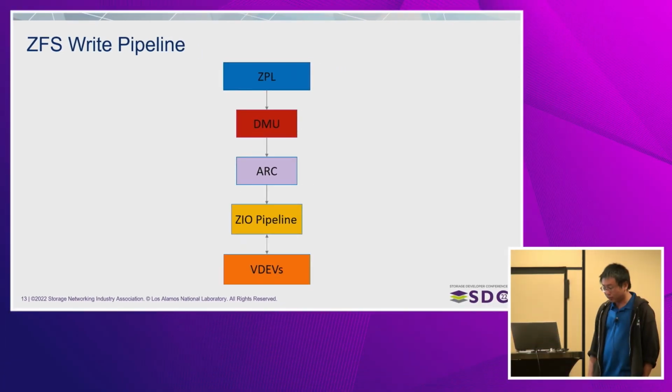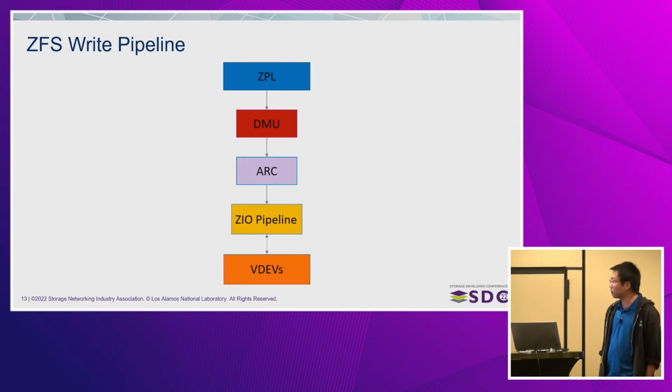So for this project, we focused entirely on the write portion of I/O. So to give a quick overview of how ZFS works with writes, here's a diagram just showing a super high level of what happens when a write call is performed.